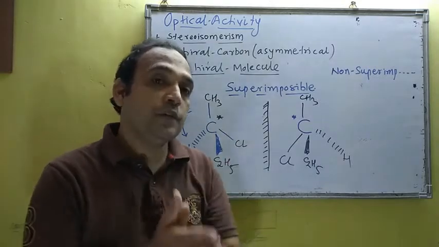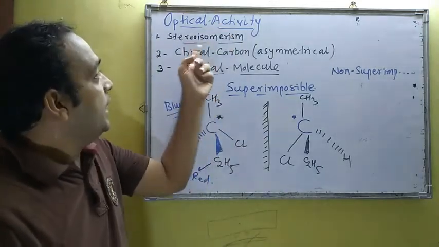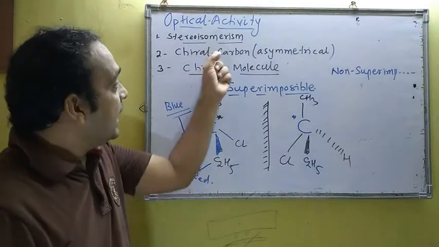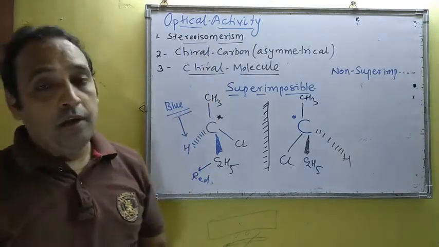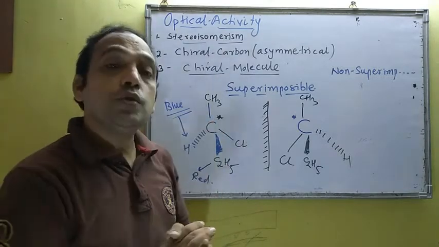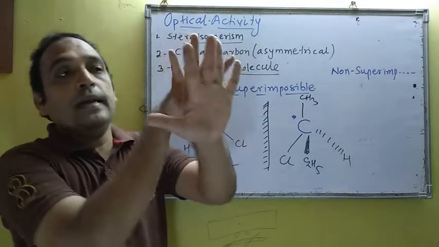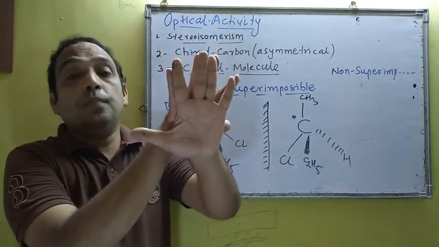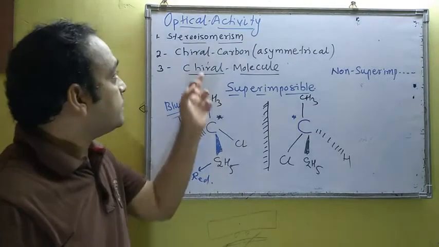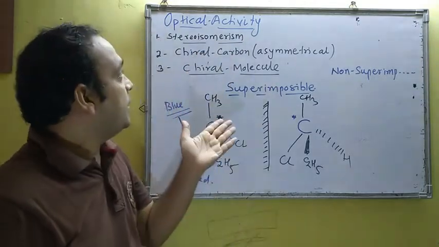So our point of discussion is optical activity. So far we have covered stereoisomerism, chiral carbon and chiral molecules. The important point here is what is superimposable and what is non-superimposable. If they fit on each other, it is superimposable, and if not, it is non-superimposable. I hope up to here you have understood what I have taught you.